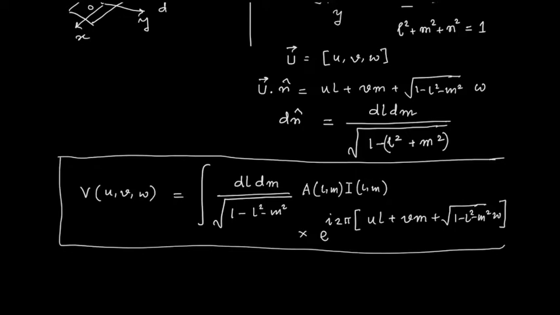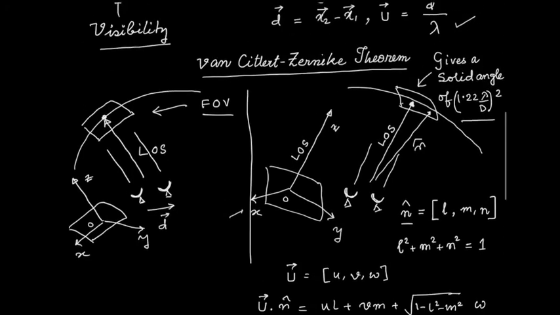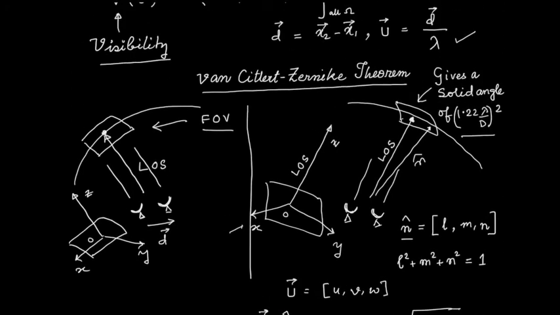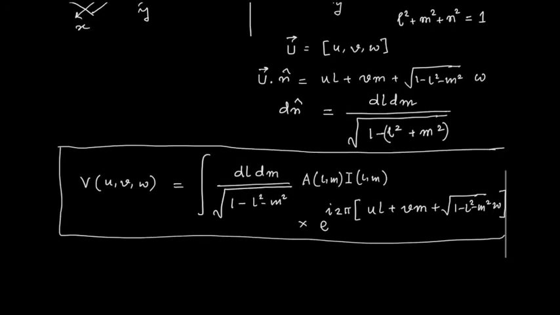We observe also that, as we said, this A_lm, the extent of A_lm, is given by this 1.22 lambda by d, and for an antenna like GMRT, that extent is rather small. So A_lm is a function that, if I plot it with respect to L and M, goes to 0 very rapidly, which means that L square plus M square is much smaller than 1.